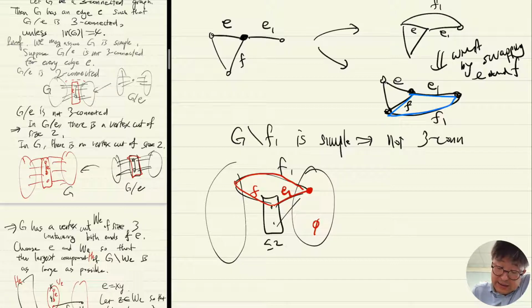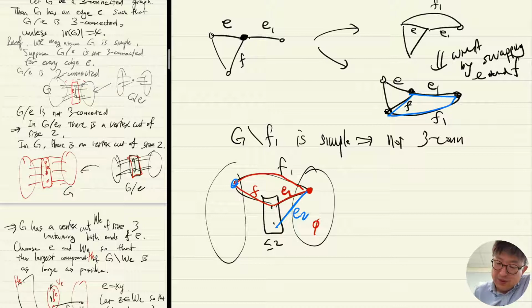And then contracting E1 is the same as contracting E2, which is this edge. Except contracting E2 will make more edges, right? This vertex will be adjacent to that vertex after contracting E2, while these two could be non-adjacent in G. But other than that, all the adjacencies are the same.